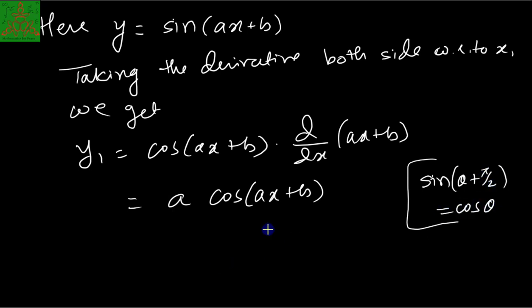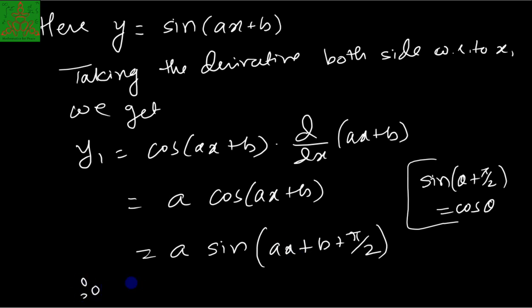So using this we can say this is a sine(ax + b + pi by 2). So therefore we can say that the statement P(1) is true.